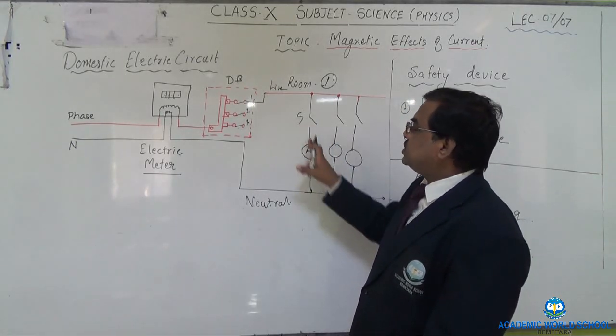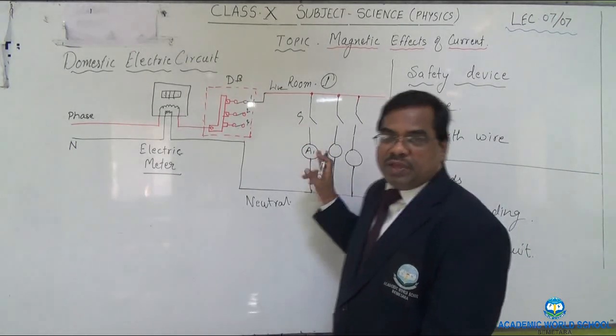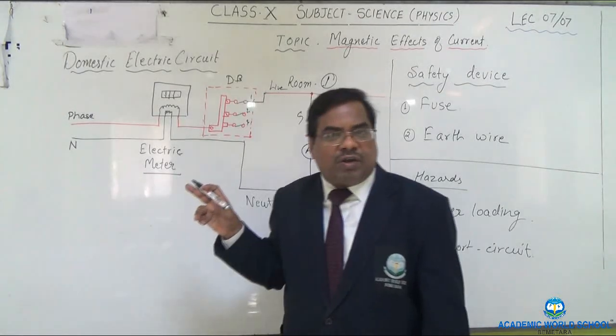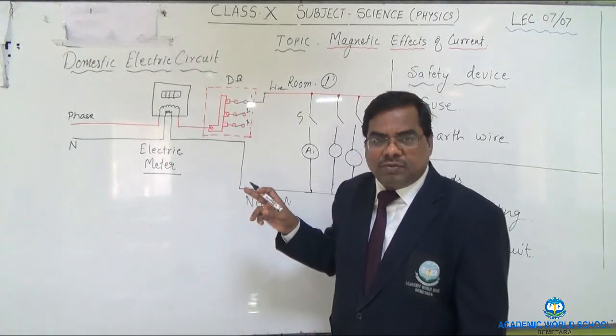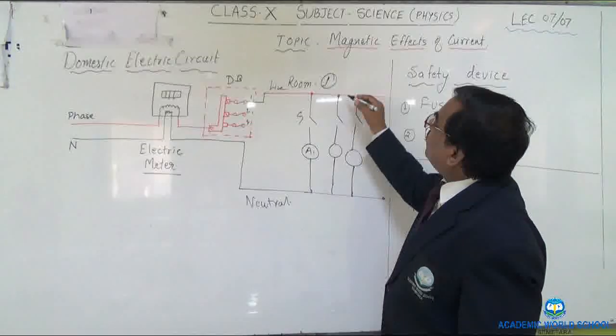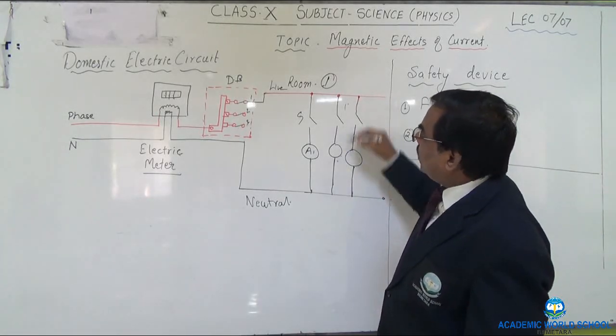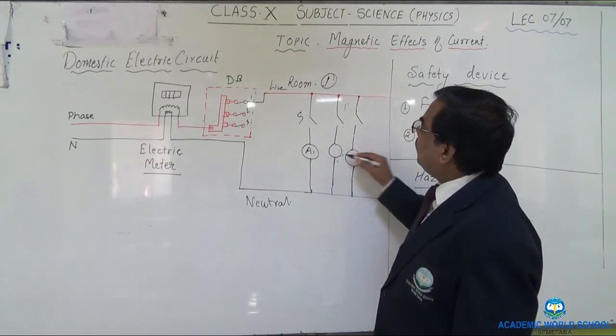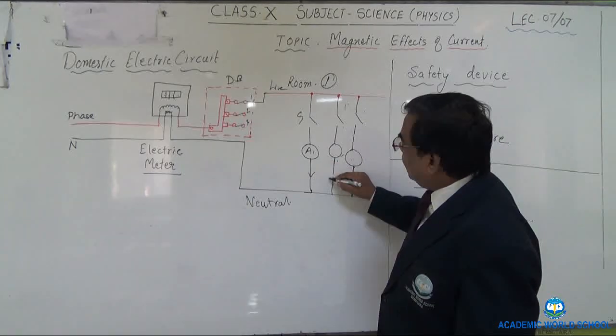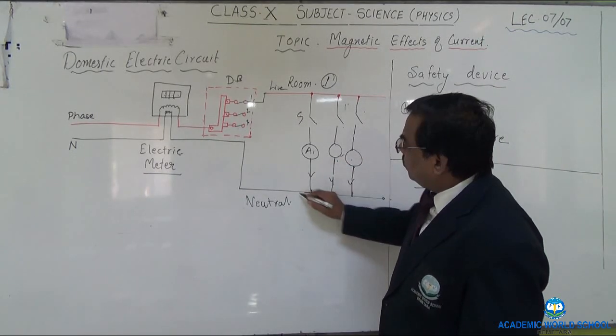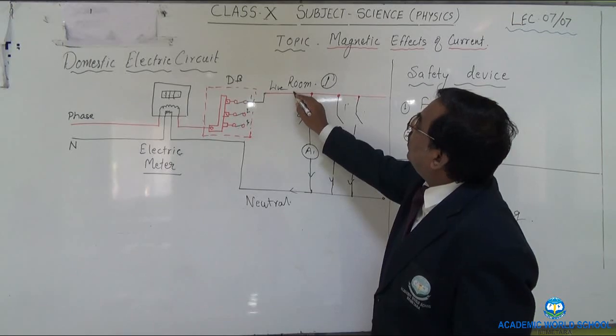So this one switch is for appliance 1. It may be a tube light, a TV, a toaster or a heater, anything. Similarly for as many appliances as you are connecting, all these appliances will take the current from the live wire only.